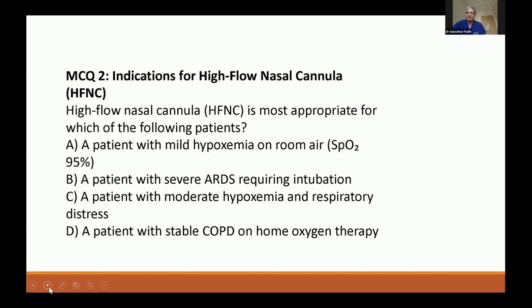So minimum from 10 to 20 liters, 20 liters to 60 liters you can give, but the patient does not feel any discomfort, unlike the NIV where sometimes the patient may not tolerate the NIV well, but HFNC is very comfortable actually. So that is the advantage of HFNC.